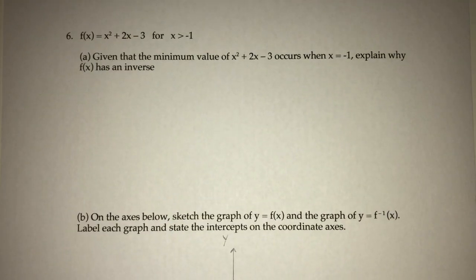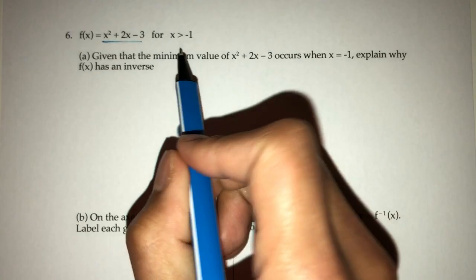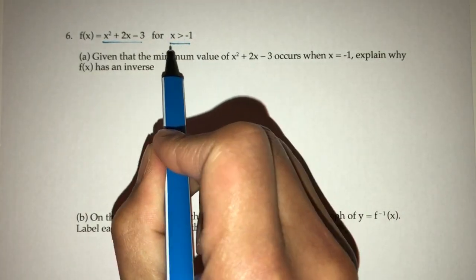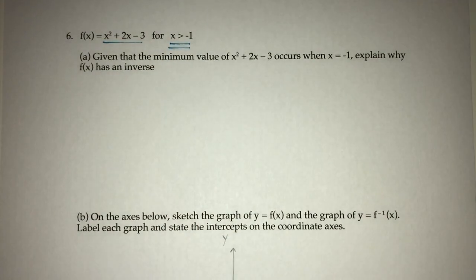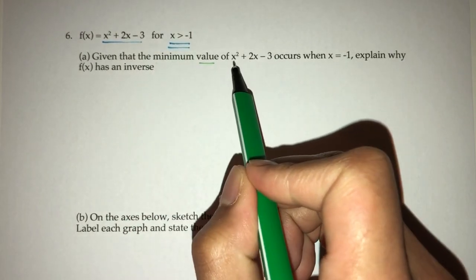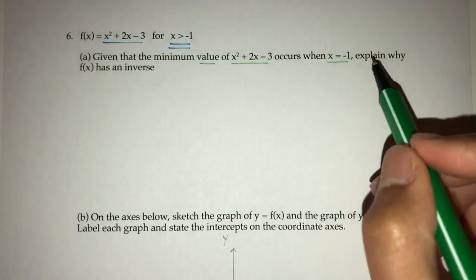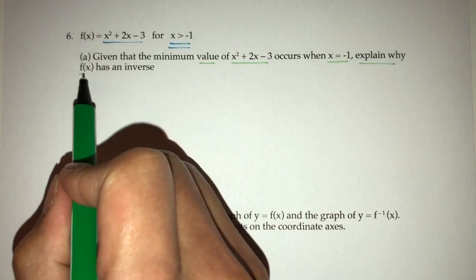Now, question number 6, we have f of x equal to this equation. Now, this is a domain where x is more than minus 1. So, the question: given that the minimum value of the function occurs at x equal to minus 1, right? Explain why f has an inverse.